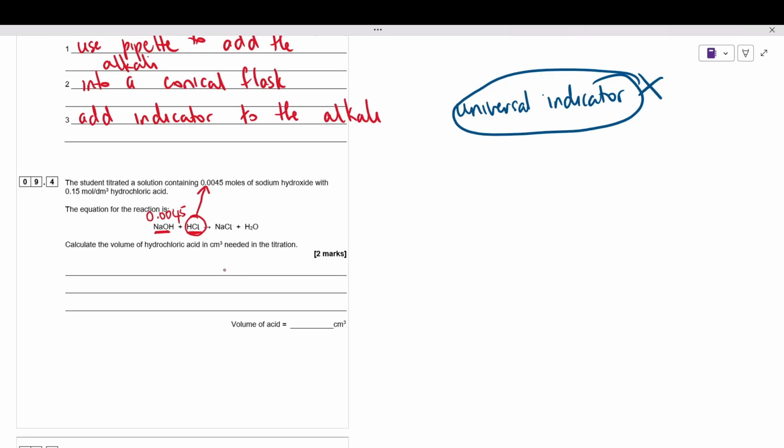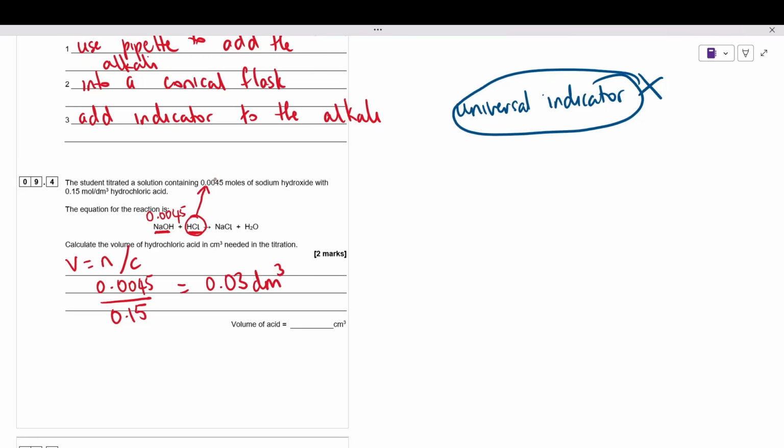Okay, so we're going to do volume is equal to number of moles divided by the concentration. So that number of moles is 0.0045, and we're dividing that by the concentration, which is 0.15. That will give you 0.03 dm cube.